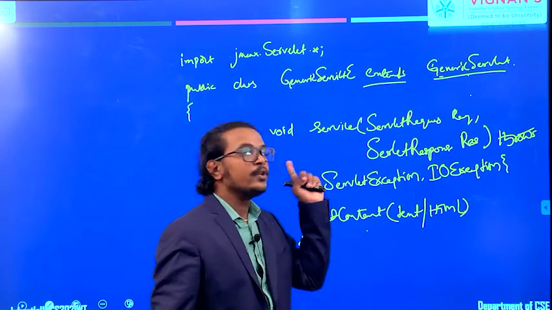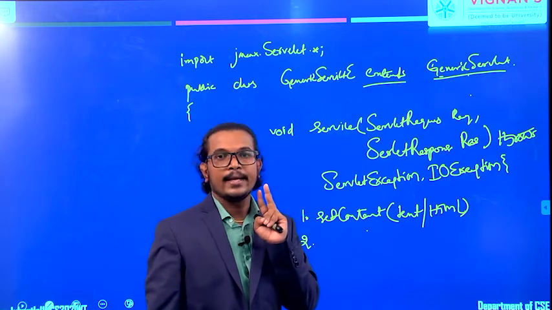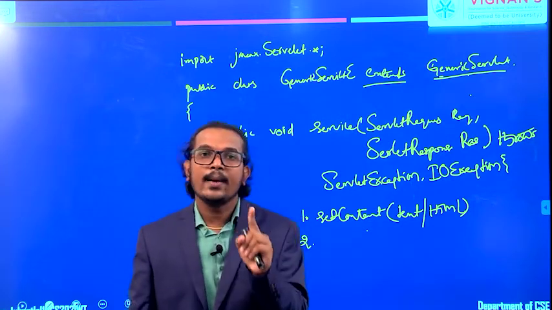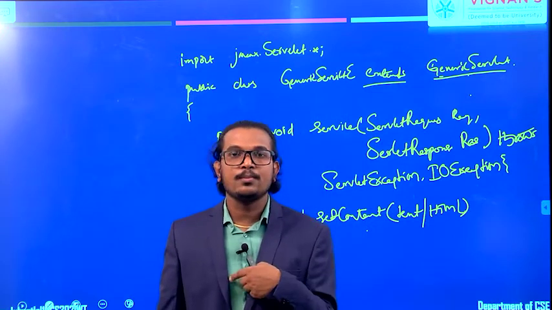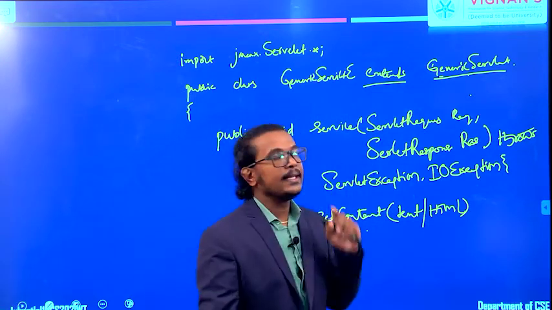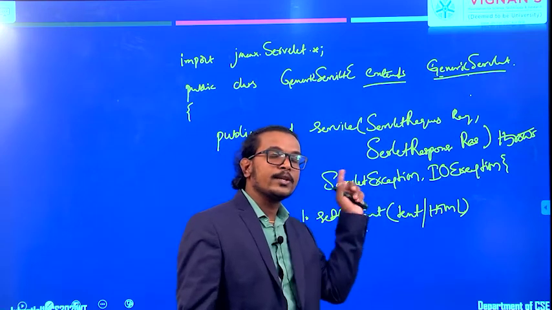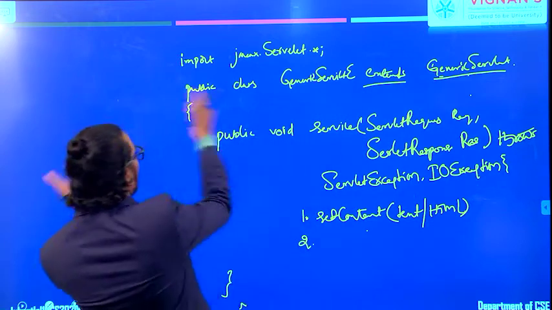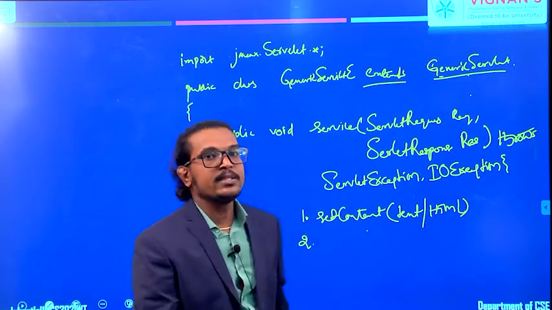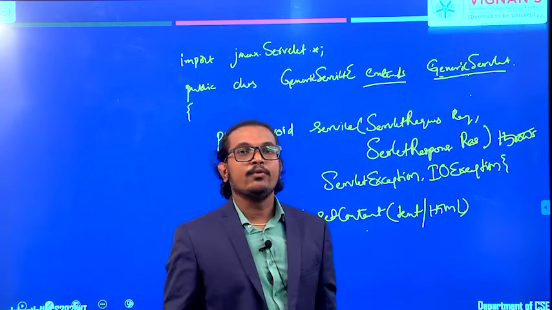In this service method we have two parameters: the first parameter is the request and the second parameter is the response. Based on the servlet request, we process that request and give some reply back to our client machine in the form of HTML.